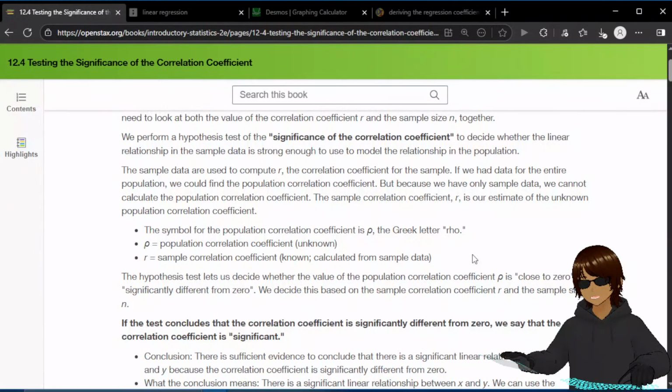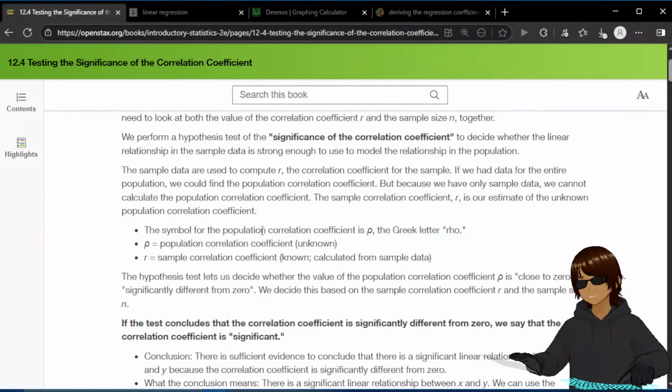Sample data are used to compute R, the correlation coefficient for the sample. If we had data for the entire population, we could find the population correlation coefficient. But because we only have sample data, we cannot calculate the population correlation coefficient. The sample correlation coefficient R is our estimate of the unknown population correlation coefficient.